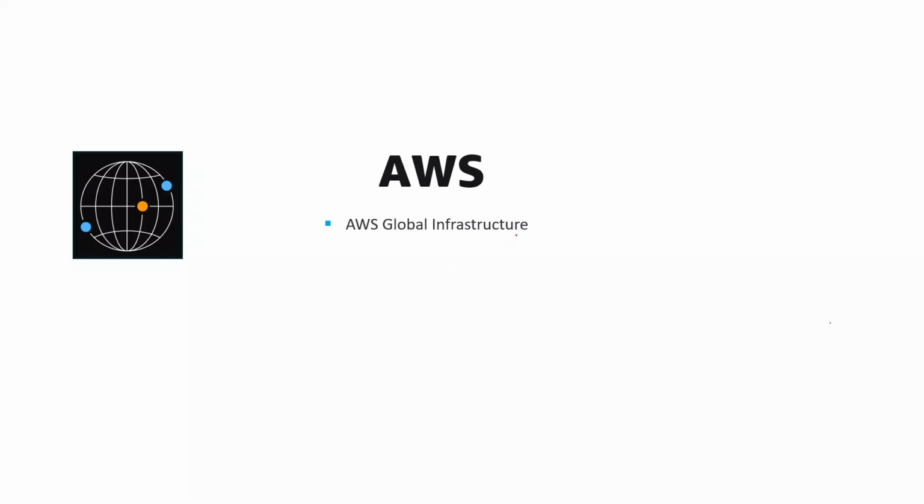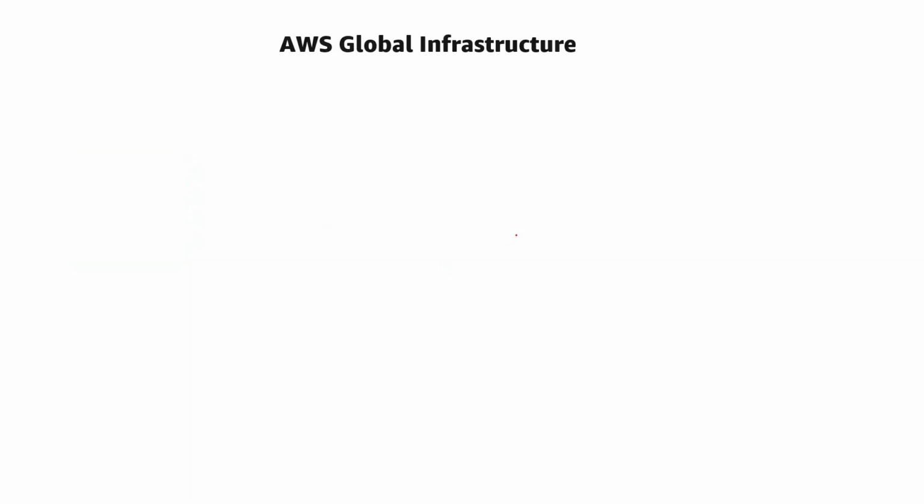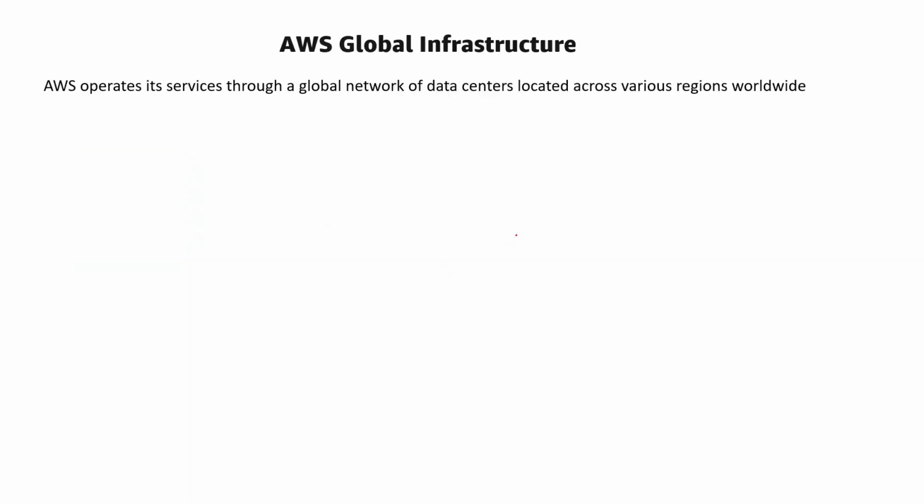Okay. Now today, let's have a closer look at AWS global infrastructure. All right. So we say that AWS operates its services through data centers that are located across the globe, and these data centers are interconnected globally. Now, how are these data centers organized?